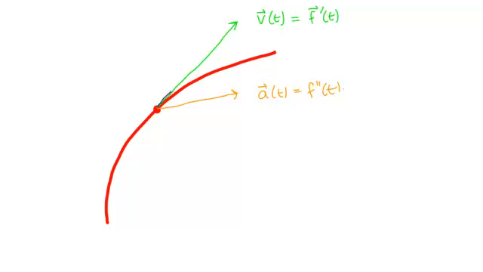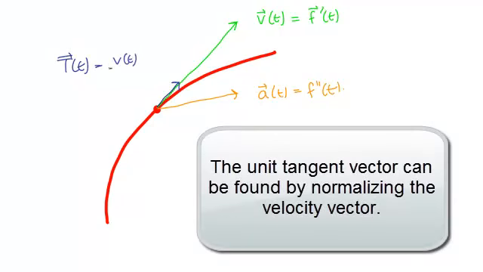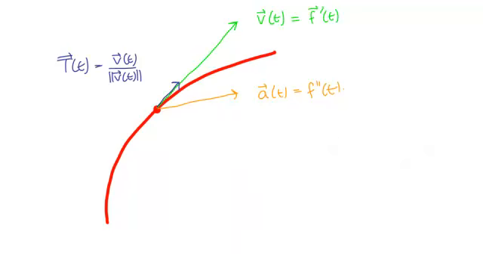There is a unit tangent vector. This unit tangent vector is nothing more than the velocity vector divided by its length. It points in the same direction, but has length 1. We've also seen that there is a vector that is orthogonal to this, and that vector is t prime over its length.